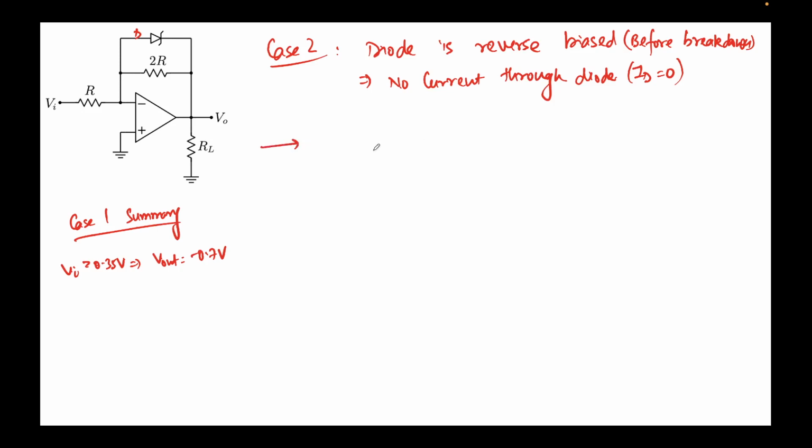The circuit will change to something like this. This is VI, this is R, RL, V0, this is 2R, and this is grounded, and again this is virtual short.